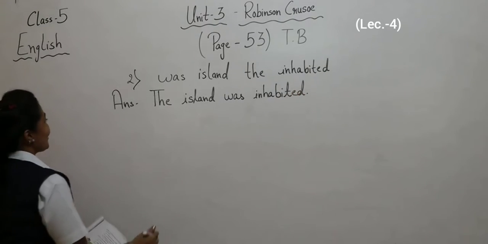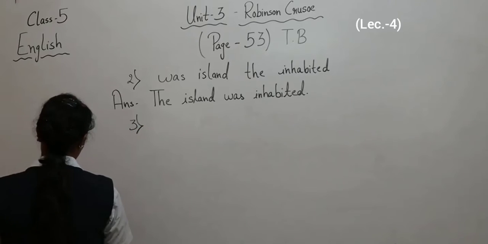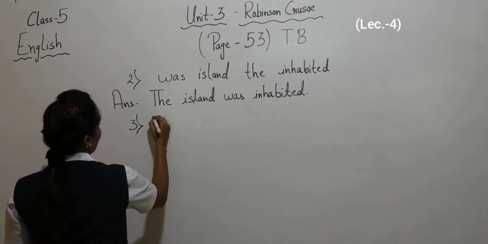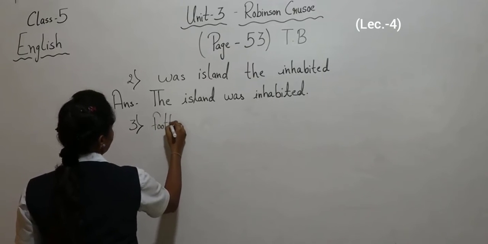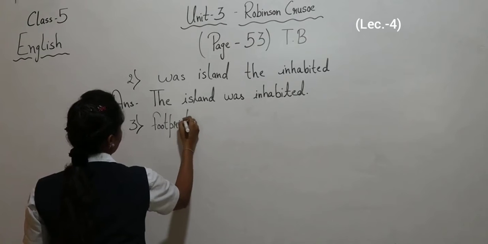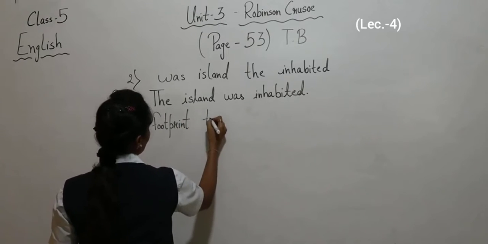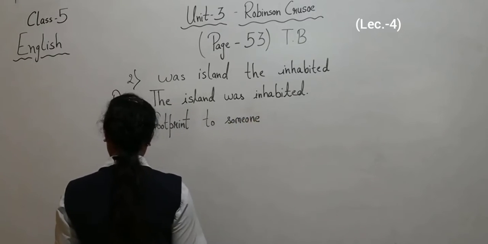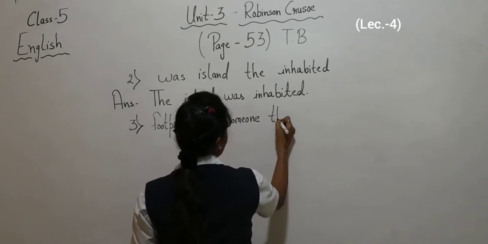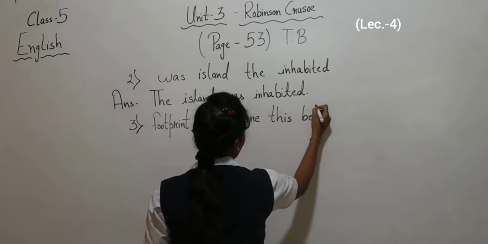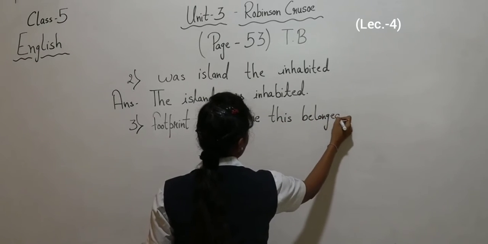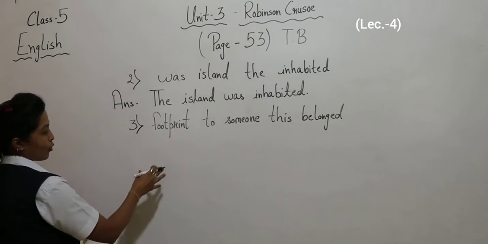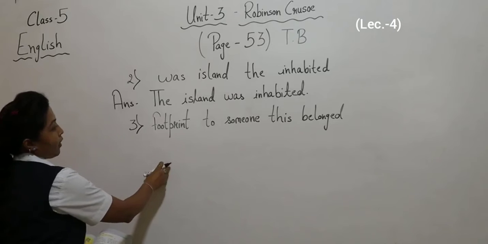Then after, 3. Footprint, to, someone, this, belonged. In this sentence we get an idea that we are talking about a footprint, belonged to someone.